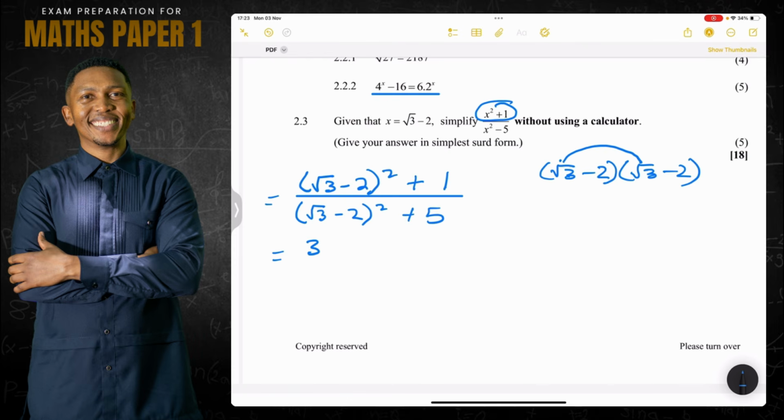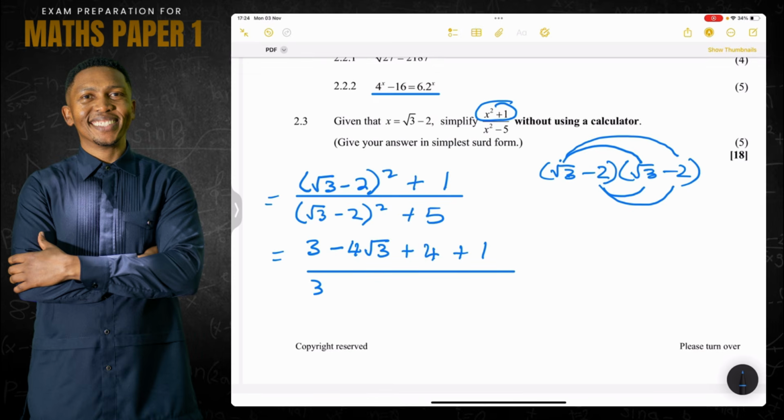The square roots cancel each other out, and we're left with just a number, right? So this is minus 2 root 3, but there's another minus 2 root 3 over there. So this is going to be minus 4 square root of 3, right? And this is plus, we've got negative 2 times negative 2, which will give us 4. That's plus 1.